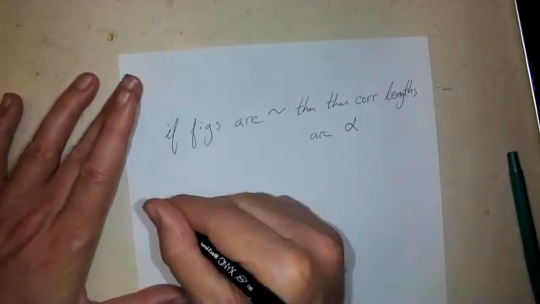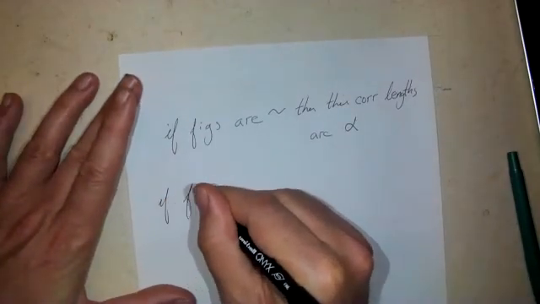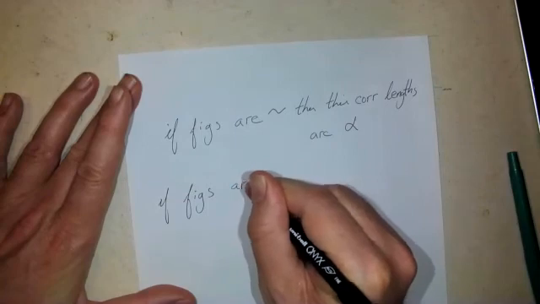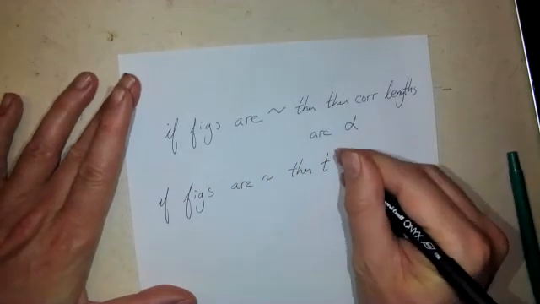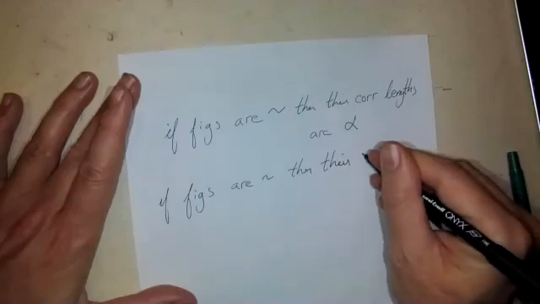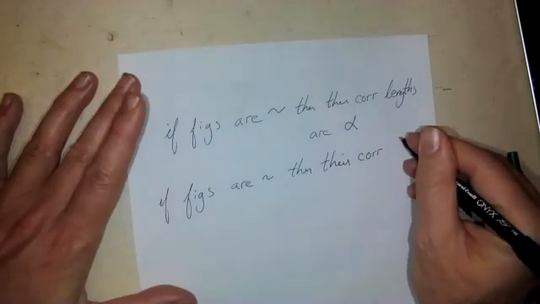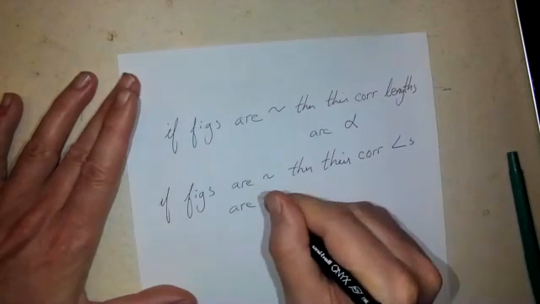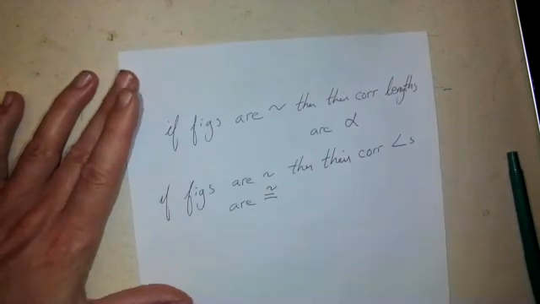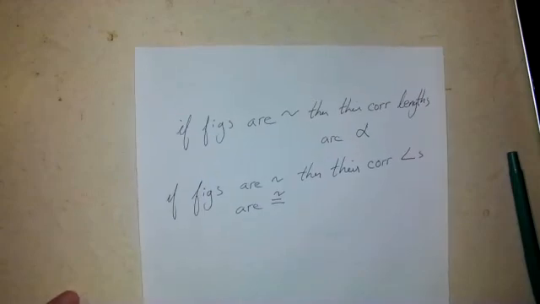My other one says if figures are similar, then their corresponding angles are congruent. So these two theorems are really the analogy to CPCTC.